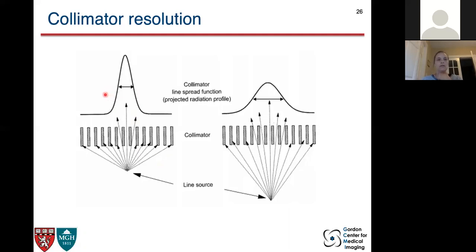So for good collimator resolution, we want this to be as narrow as possible, because that's how it's going to be best correlated with the source location.